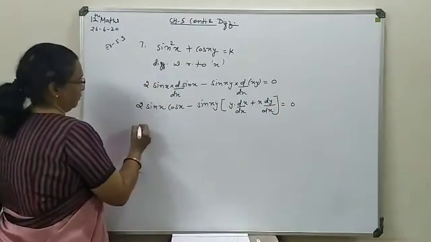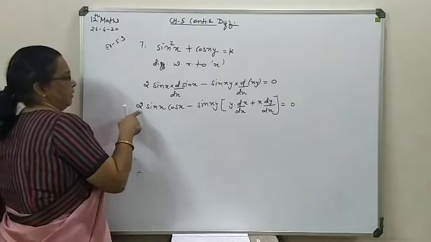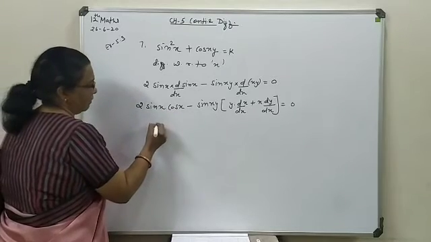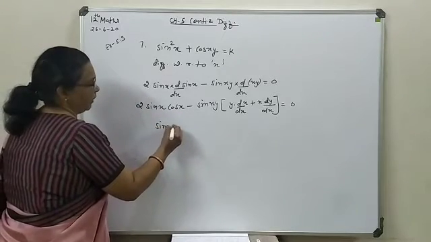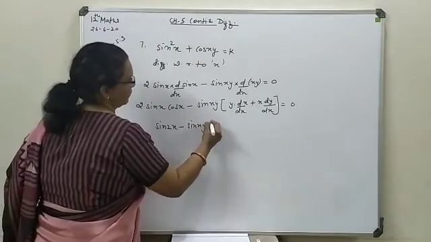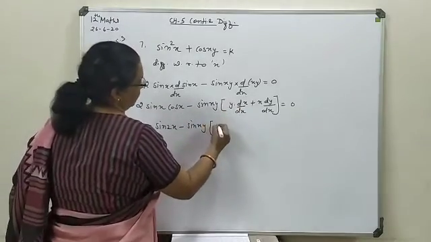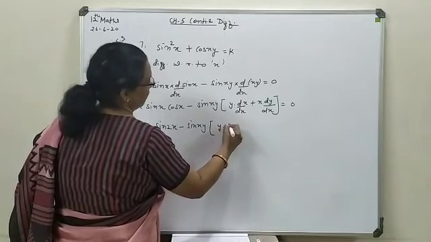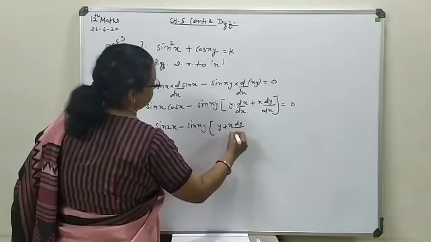Now implement here whatever you require. Here this 2 sin x cos x we can write as sin 2x, minus sin xy. Differentiation of x will be 1. This will be as such.